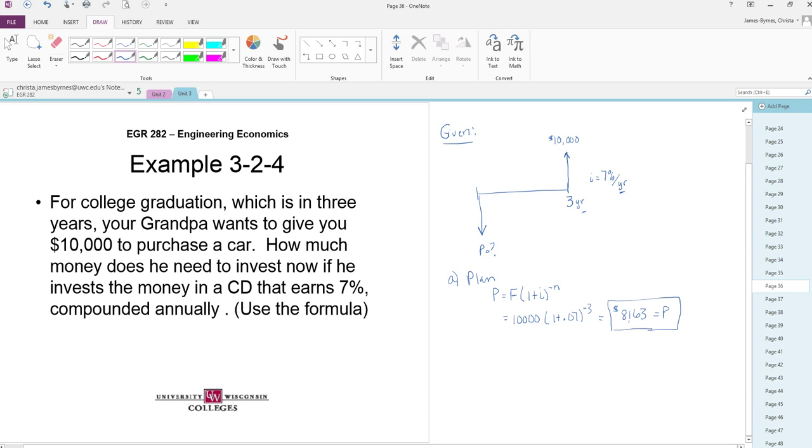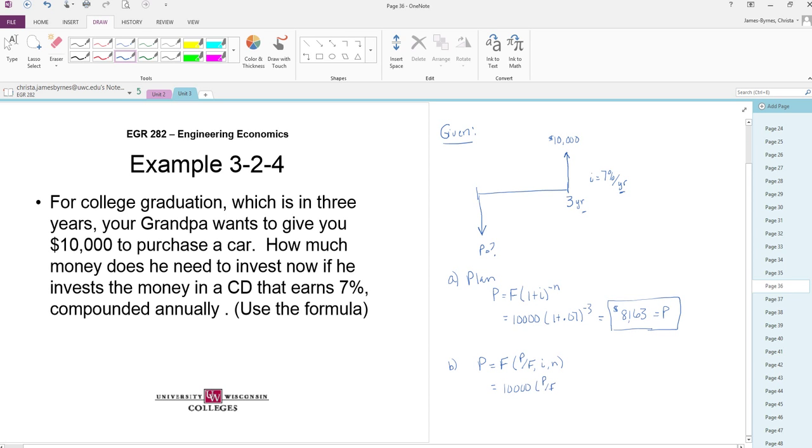Now, the other option, if I don't want to memorize the formula, is to use my functional notation. P is equal to F: find a P given an F, i, n. My next step is I always write that formula, because as engineers we need to communicate, and I want to be a good communicator. Now I plug in my knowns. F is 10,000.